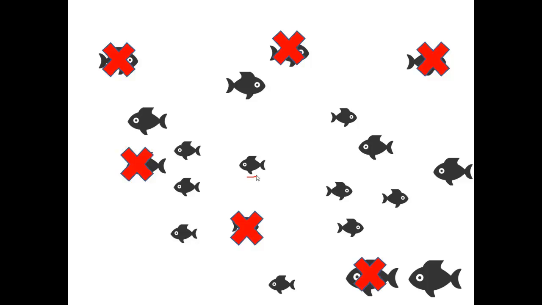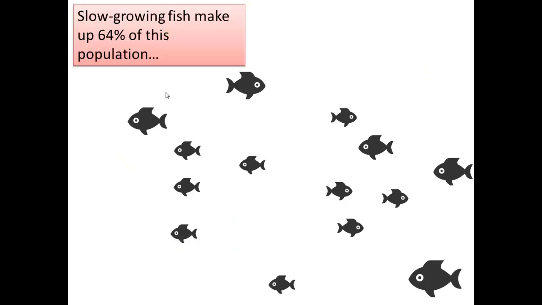So although it's year 3, although they've grown, all these slow growers are still not big enough to take, at least, again, in this theoretical population. And so we have more of the medium growers and the fast growers removed. And now at this point, the slow-growing fish make up 64% of the population. So you see how those slow growers become a larger and larger percentage of this theoretical population.